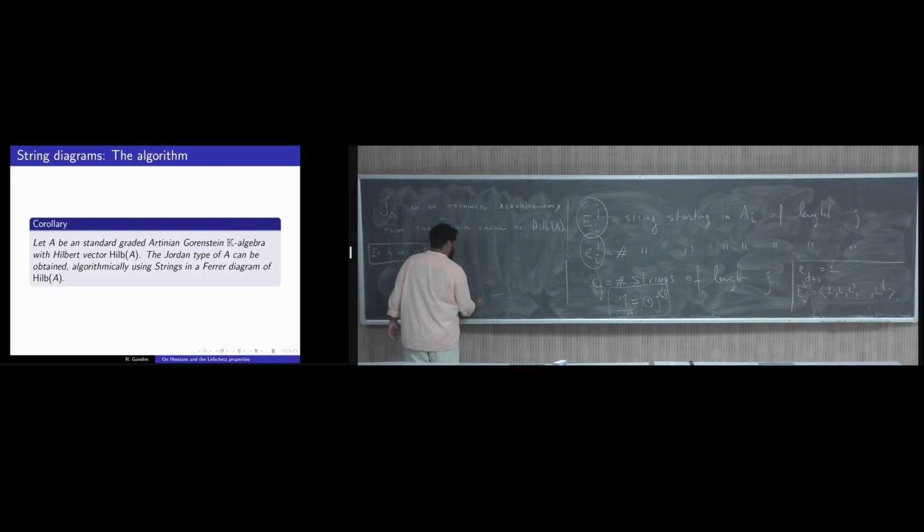So if we have a Ferrer diagram of Hilb A, and we are assuming that A has SLP, since all the higher order Hessians have maximal rank by the SLP, we get these maximal strings.